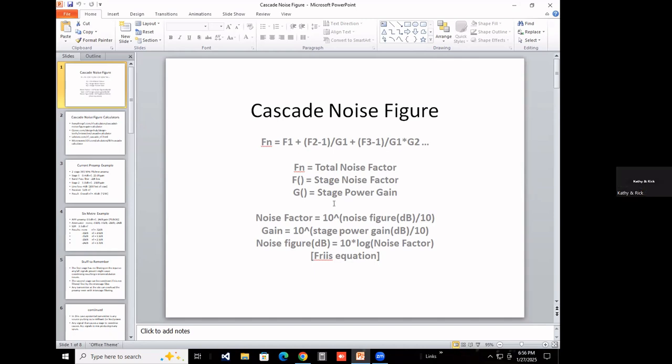Okay. Now here are the equations down here. Noise factor is equal to 10 raised to the noise figure in dB divided by 10. So for instance, if you had a 3 dB noise figure, divide that by 10, that's 0.3. And if you raise 10 to 0.3, you come out with a noise factor of 2.